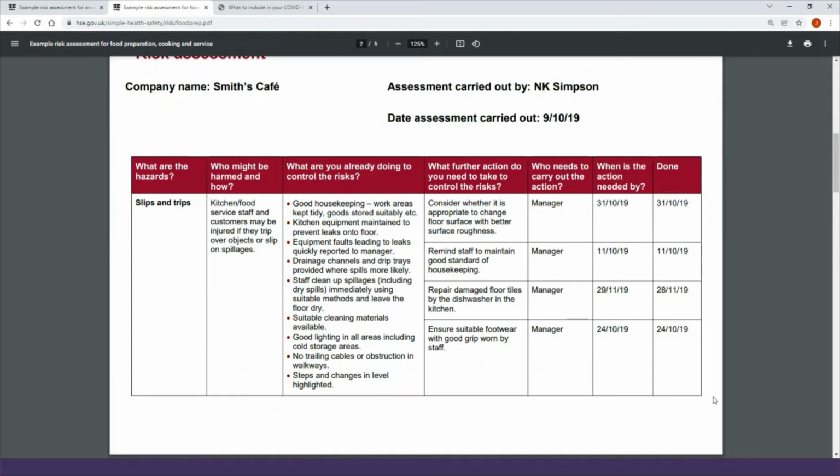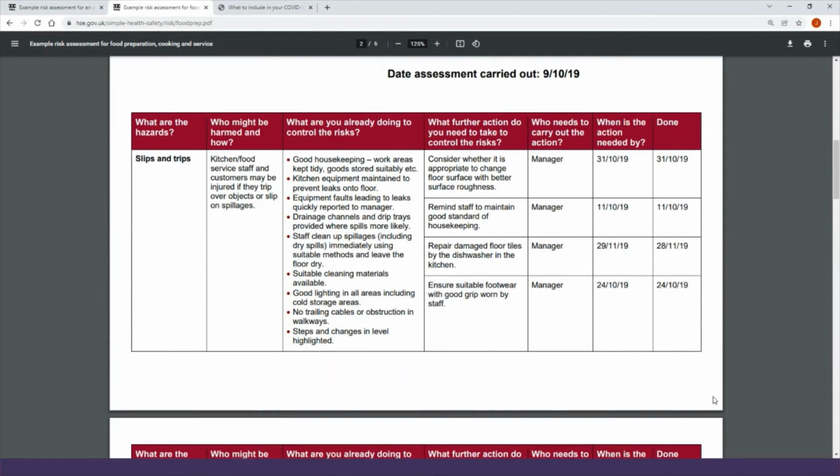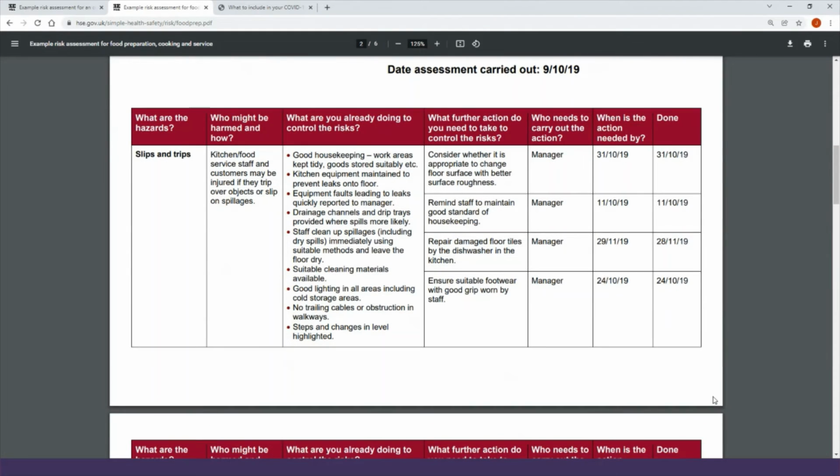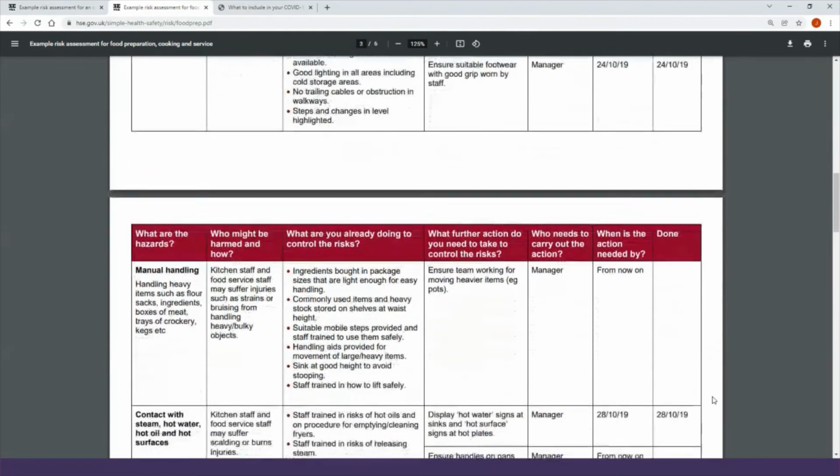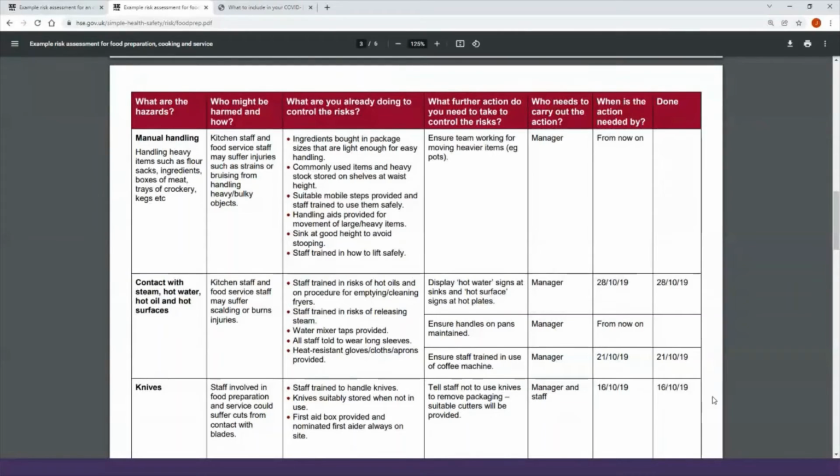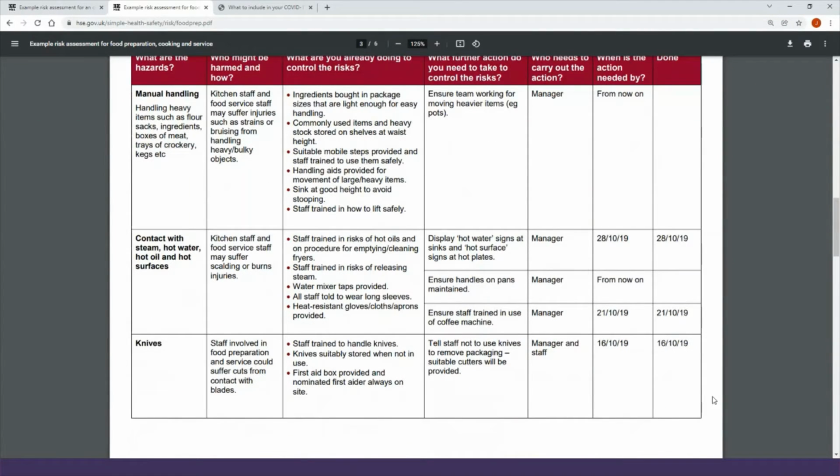So some examples of hazards in a food service preparation: slips and trips, of course, manual handling of heavy goods, such as when deliveries arrive, contact with steam, hot water, hot oil and surfaces.